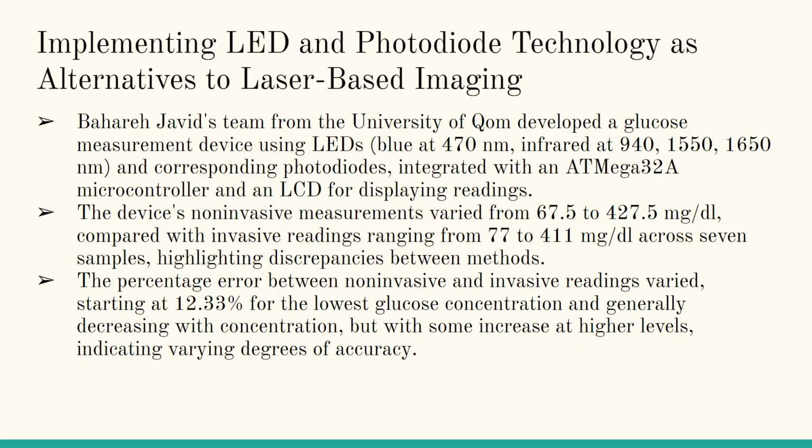Finally, we're studying the difference between using lasers as a light source and a camera as a receiver. We're seeing here some potential in using an LED light, which is safer, and even using a higher wavelength, and a photodiode that receives light and converts it to a current. A study done at the University of Qom in Iran found a 12.33% error in measuring glucose, and the higher the glucose value is, the less that error is, meaning it's very reliable for people with diabetes to be careful with higher numbers.